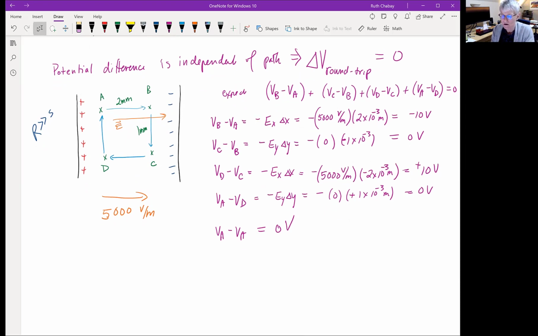How is that related to potential difference being independent of path? Well, consider going from A to C. So we want VC minus VA.